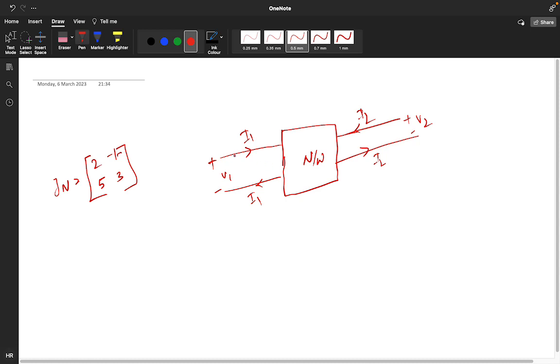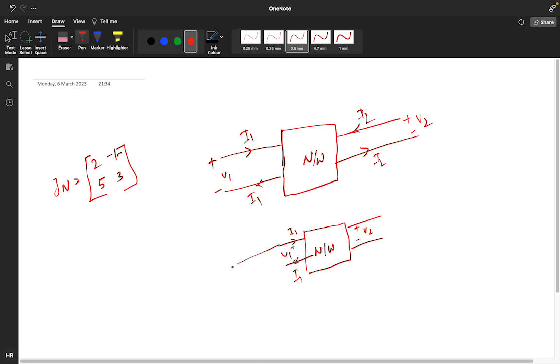you are making another network from this. Suppose you are taking this as I1, this as I1, this particular as v1, this particular as v2.